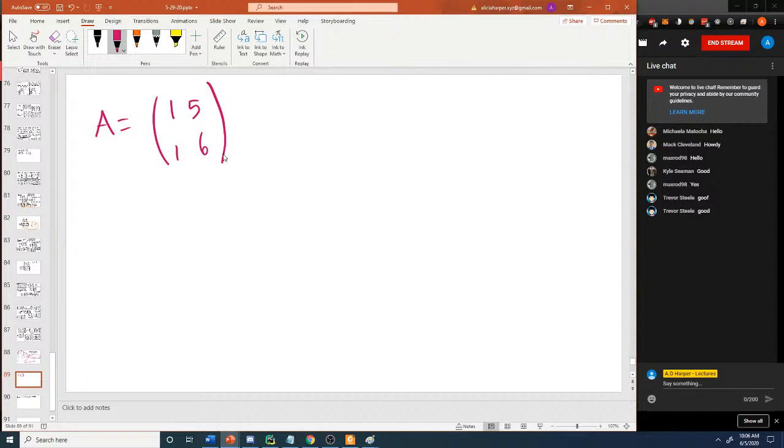What we can do is form the augmented matrix, where you have A, then a bar, and on the other side the identity matrix, in this case the 2 by 2 identity matrix. So we would have 1, 5, 1, 6, and then 1, 0, 0, 1.